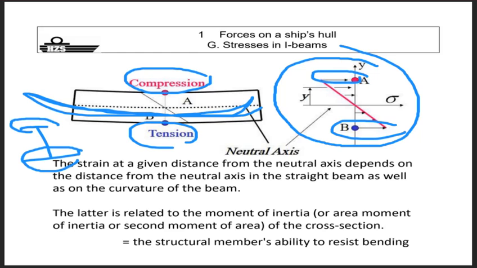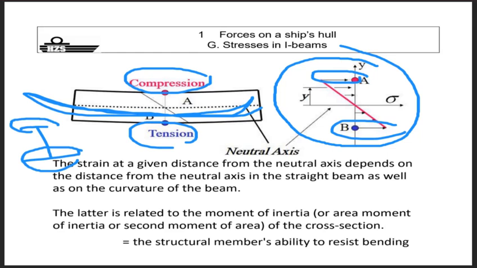And if you have a lot of resistance against bending, then is your I big or small? Is your moment of inertia big or small when you have a lot of resistance against bending? It is indeed very big.